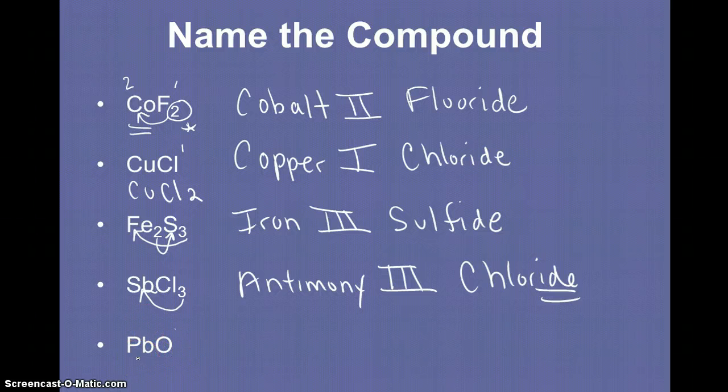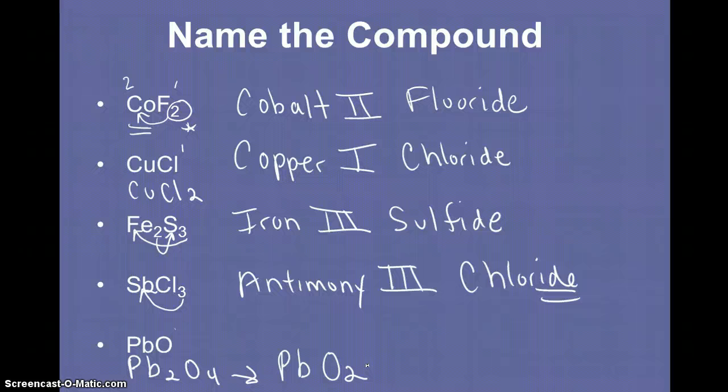Because otherwise, if we chose the oxidation state of 4, it would be written like this, which, in simplest form, would look like this. So by process of elimination here, I look at PbO. I know the oxidation state of that nonmetal, because we choose that top atomic charge oxidation state.